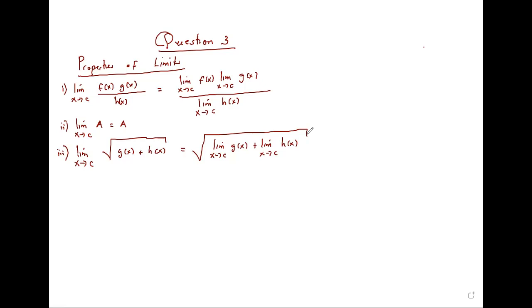So now let's see. Example. Coming from question 3 A. Before A, we are given some things there. Given that the limit as x goes to 12 of f of x is equal to 2.